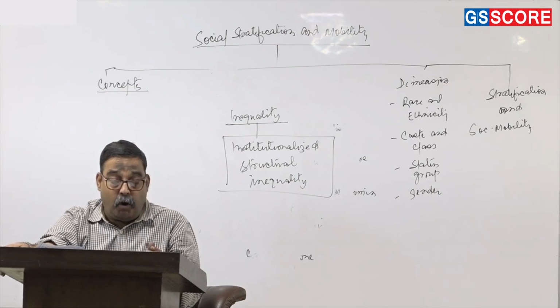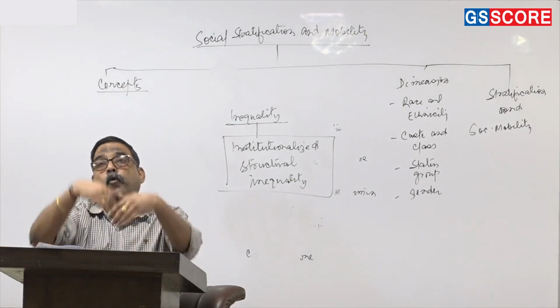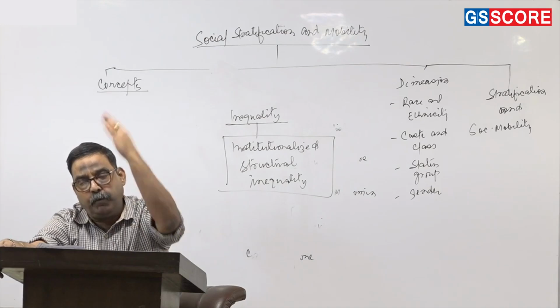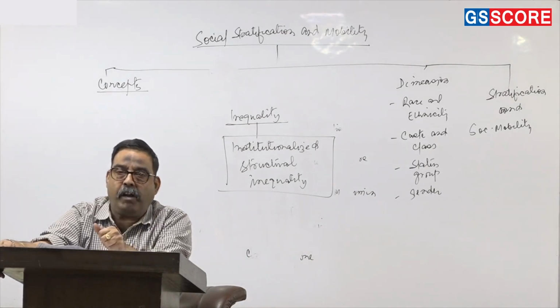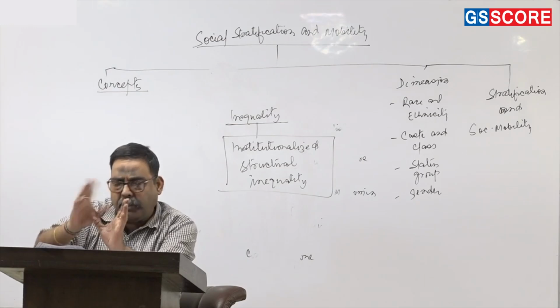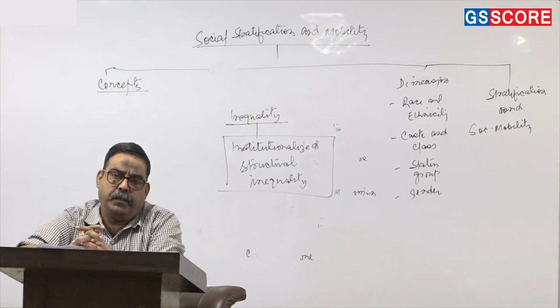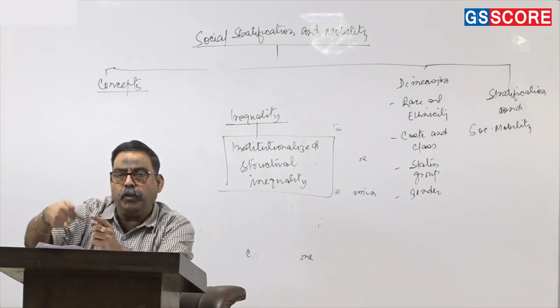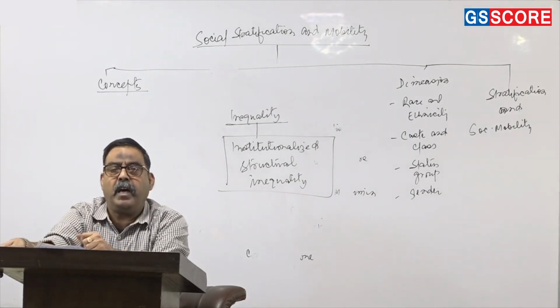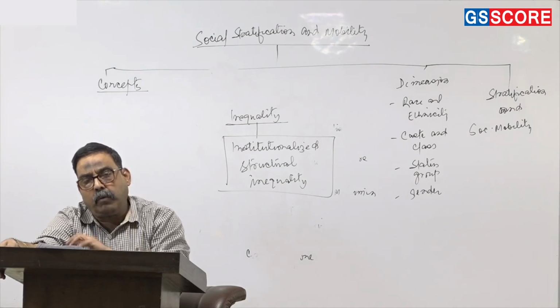For example, if there occurs a change in the structure of occupation in a society, and the people move into that, then it is a structural mobility. But if there is no change in the structure of occupation of the society, then the people will move from one position to another, and that circulation would be there. If somebody goes up, then somebody will be coming down. This is called circulational mobility.